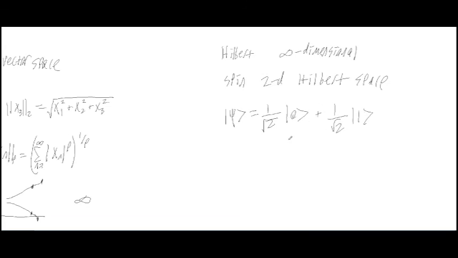So maybe this would be spin down, this would be spin up, or however you want to define it. And we have things like our inner product space because we know that these can be orthonormal bases, so they can be orthogonal to each other. So we know that they have an inner product to them. And we have things like a metric and a norm and all that kind of stuff. And so something like this satisfies being a Hilbert space, and it is a two-dimensional Hilbert space.